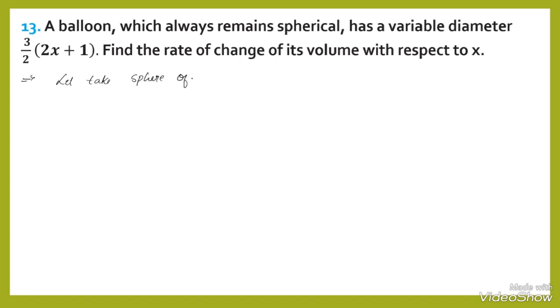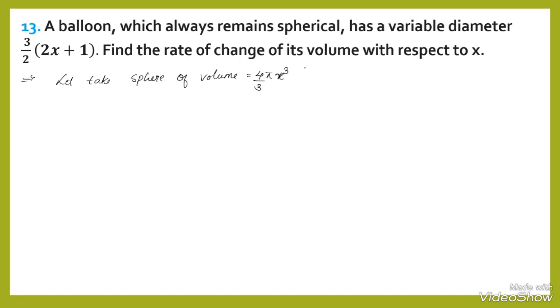What is the volume of a sphere? That is 4 by 3 pi r cube. The volume changes with respect to x, so the radius can be expressed in terms of x.